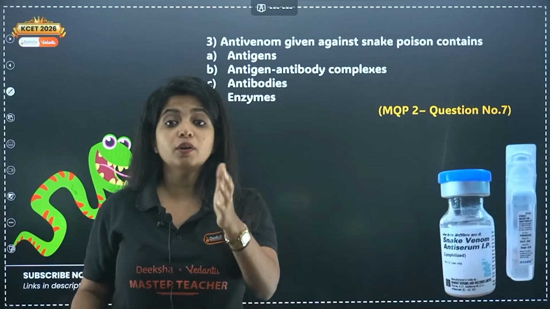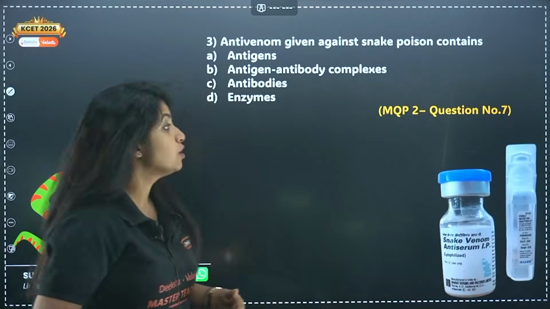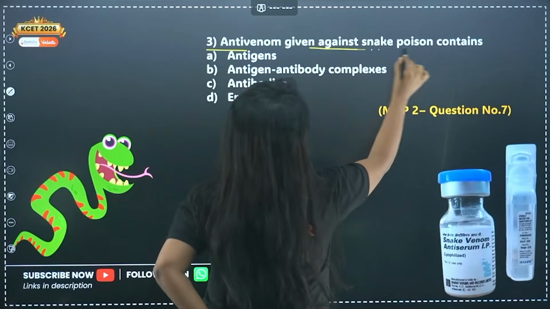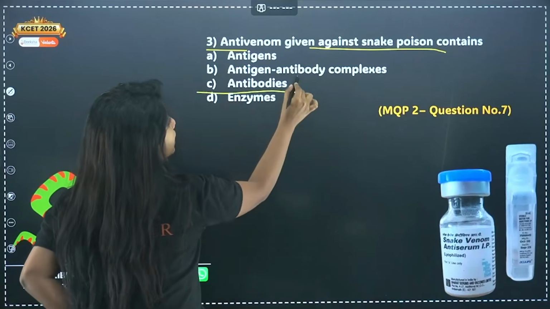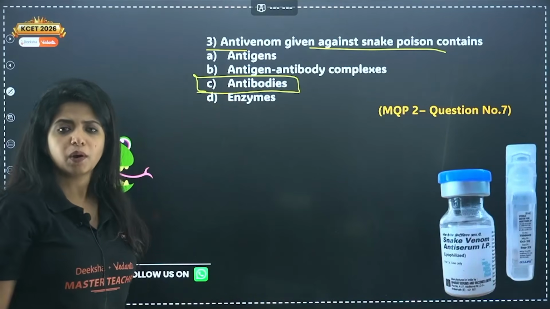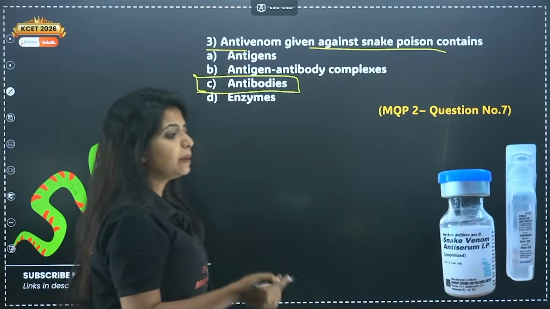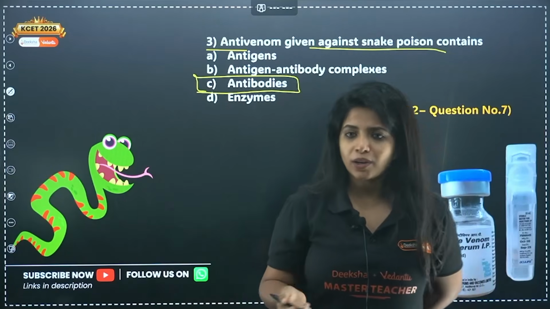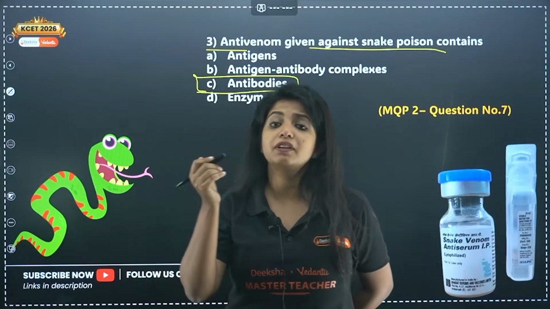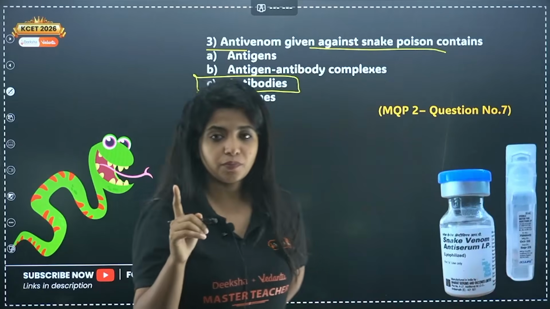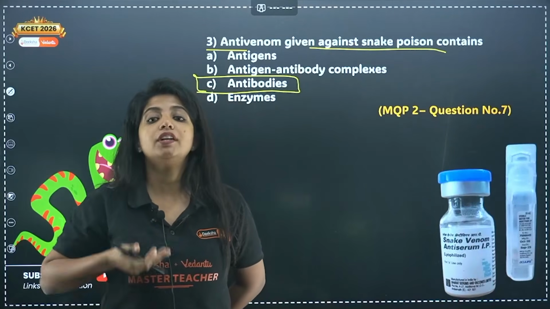Why? Because you want your body to fight fast. So antivenom given against snake poison contains antibodies, the ready-made antibodies. And if you are asked which type of immunity this is, passive or active, it will be passive immunization. Always remember, in active you wait for your body to react.